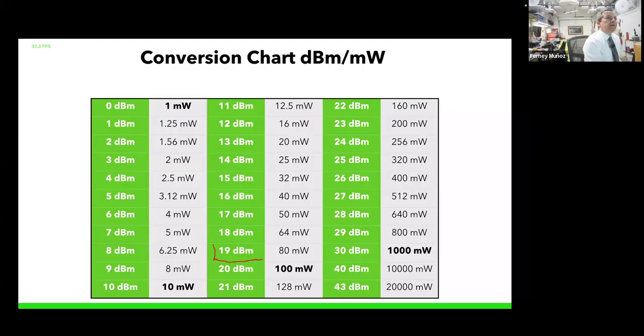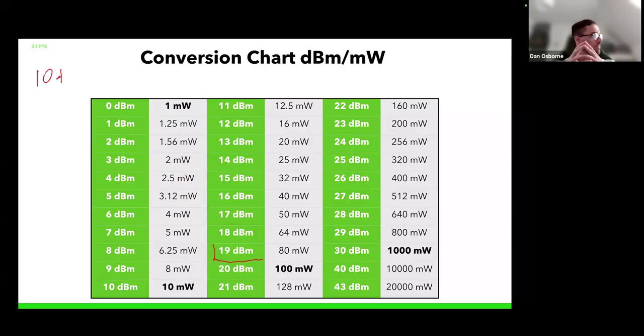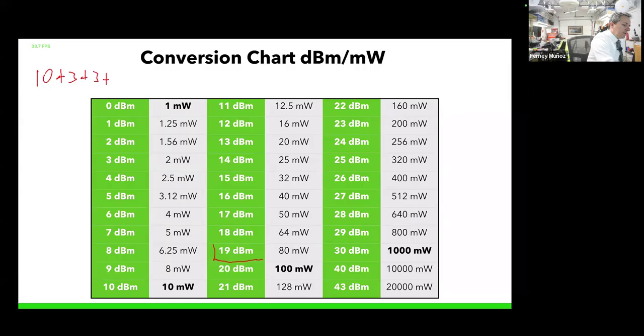How do you get to 19 dBm if all you have is plus, minus, tens, and threes? Anybody? How do you get to 19? Go ahead, Dan. 10 plus 3 plus 3 plus 3. 16, 19. Okay.